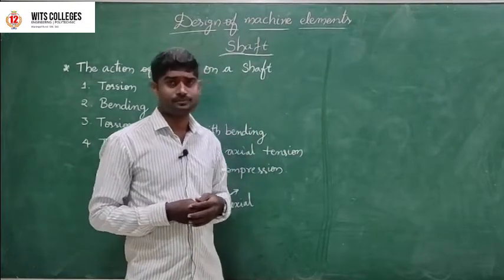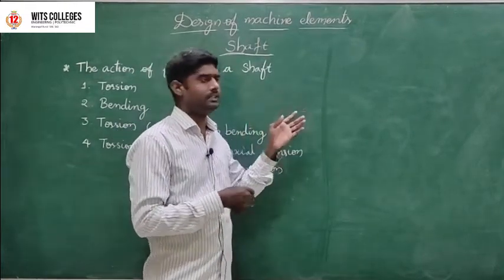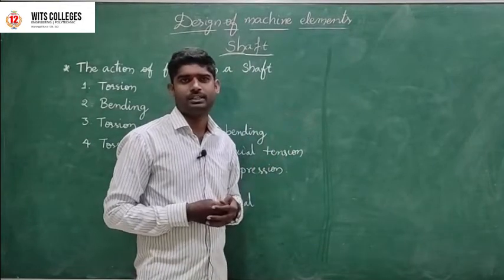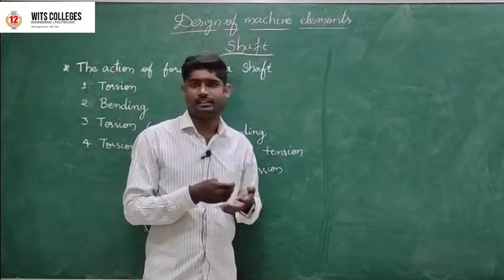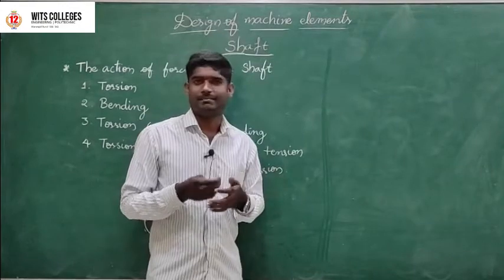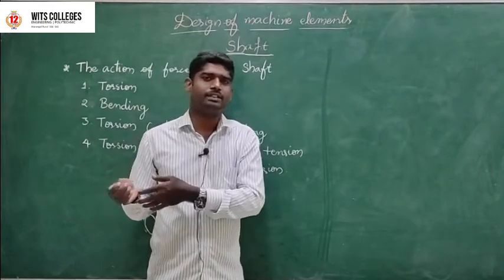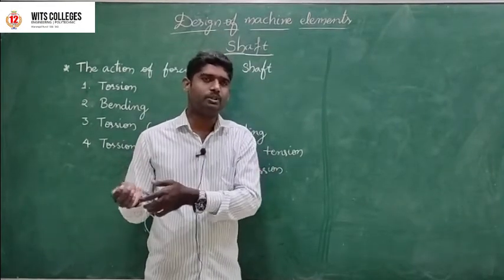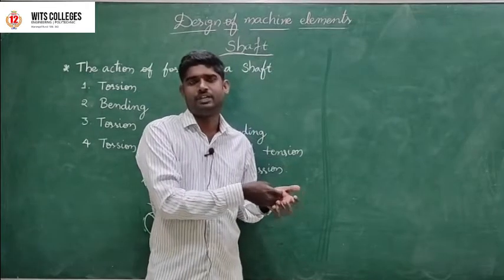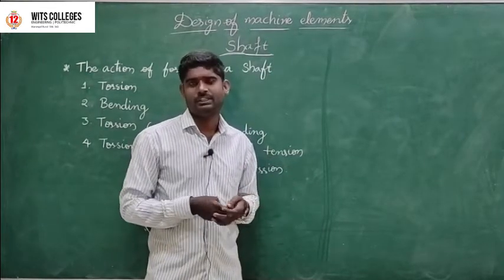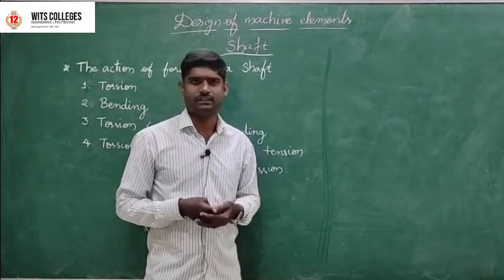Shafts are most important in vehicles also, like the engine and the transmission elements, like the gearbox and differential. We are using a propeller shaft, which is also one type of shaft.